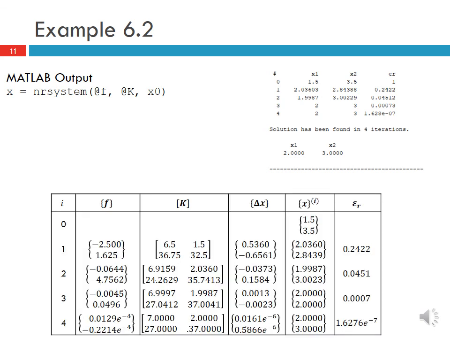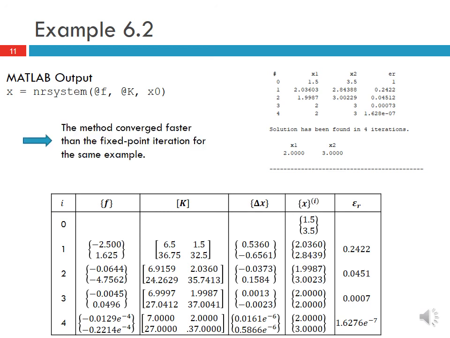And these are the values of the vector x, the matrix K, the vector delta x, and the estimates xi at each iteration, as well as the approximate relative error. So you can step through and see how each of these components are calculated and how the estimates are obtained at each iteration until we reach convergence.